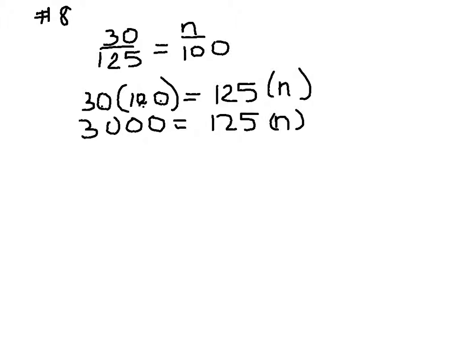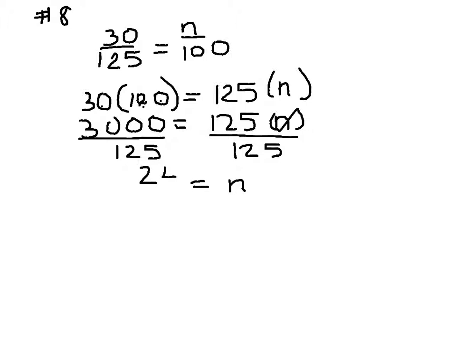Now I have multiplication here between the 125 and the n, so to undo that multiplication, I'm going to divide everybody by 125, and that's going to give me n is equal to 24.